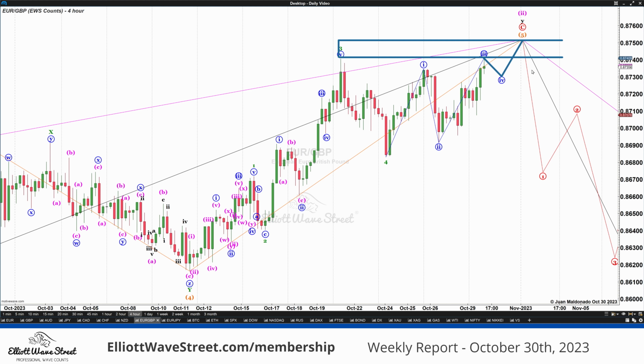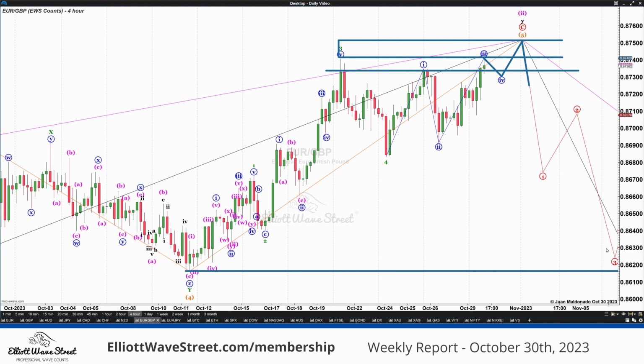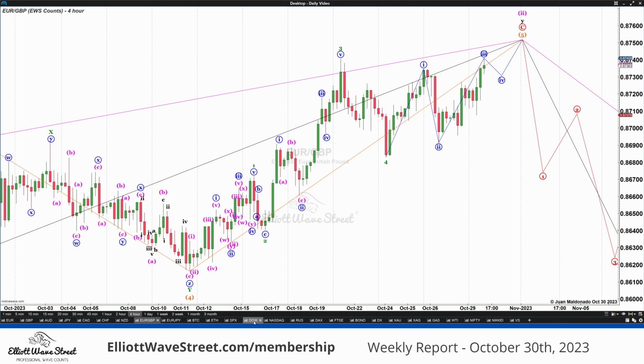All right, so the plan is going to be absolutely clear and simple this week on the euro-pound. Once the price grabs the liquidity, and if the reaction is to the downside, I want to sell it, and the target will be here, the 86.20, and we have all this distance to the downside to follow the trade.